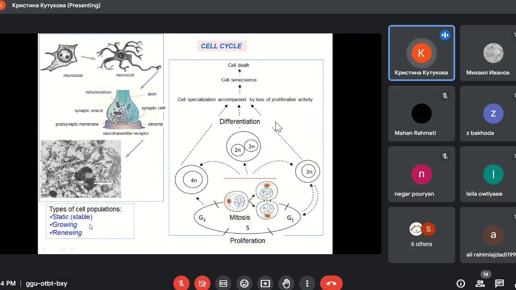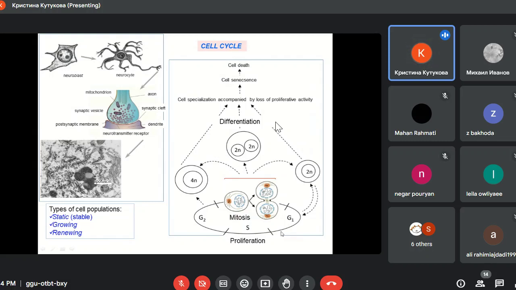Next, the growing type is when we have no or few stem cells in the population, and the cells are not renewing themselves normally, but when it is needed, for example, during some damage to tissue, they can return to the mitotic cycle and divide again and make new cells again.